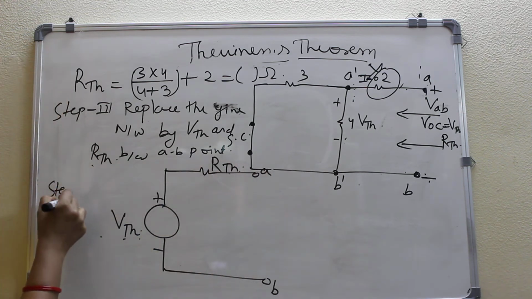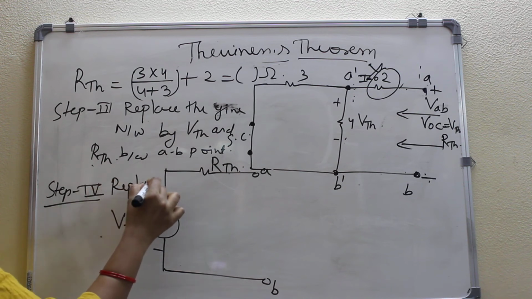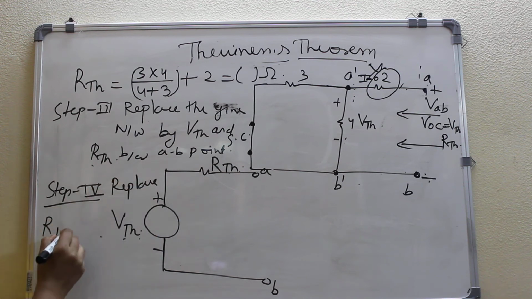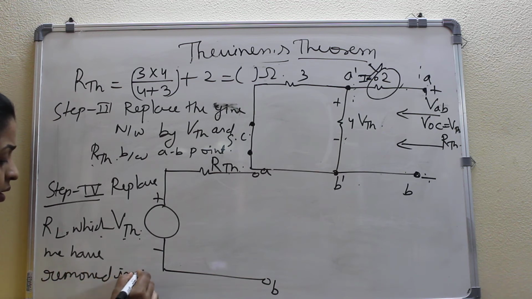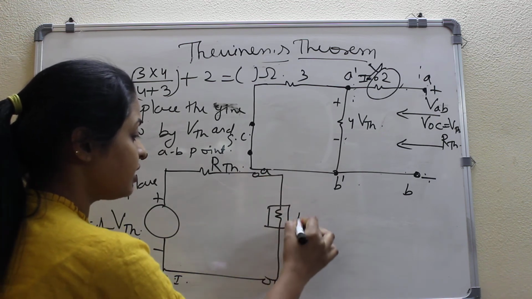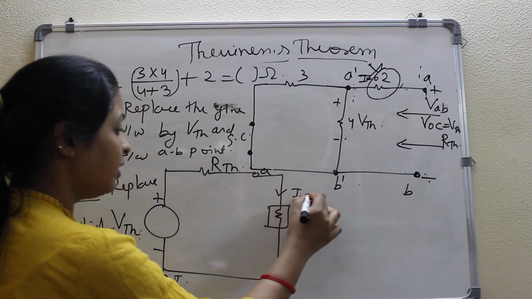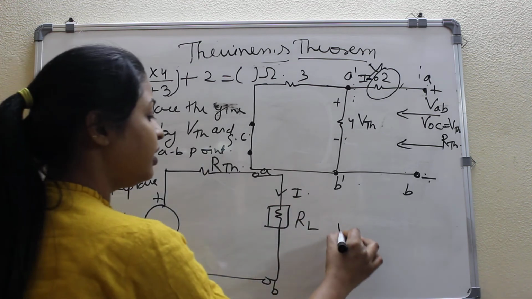Step number 4 says replace RL, which we have removed in step number 1. Now in this case we can easily calculate the value of I. What is it?